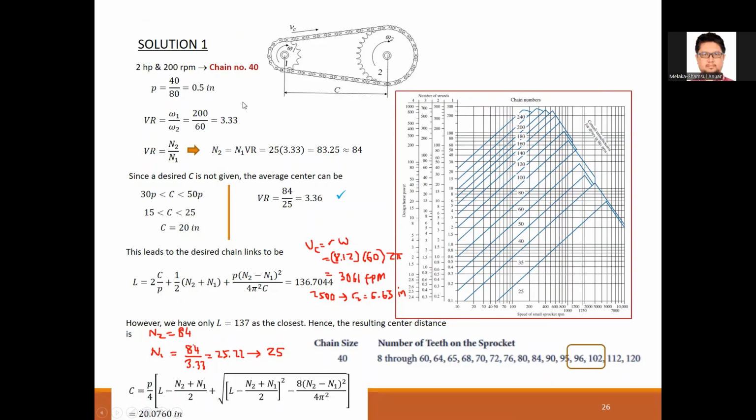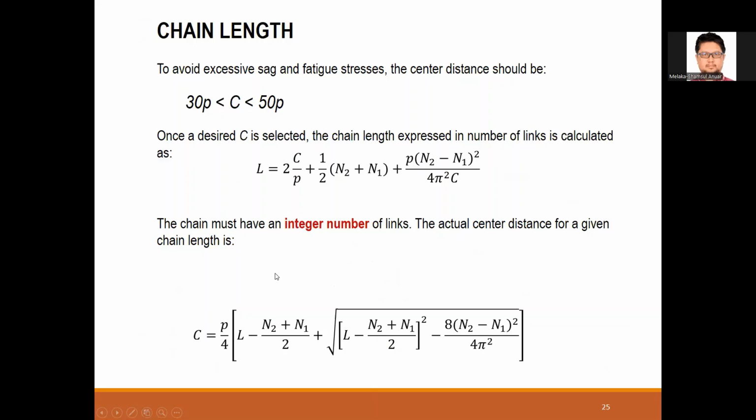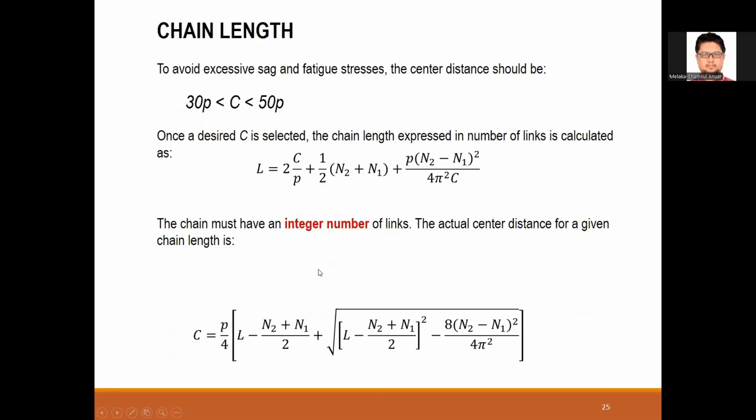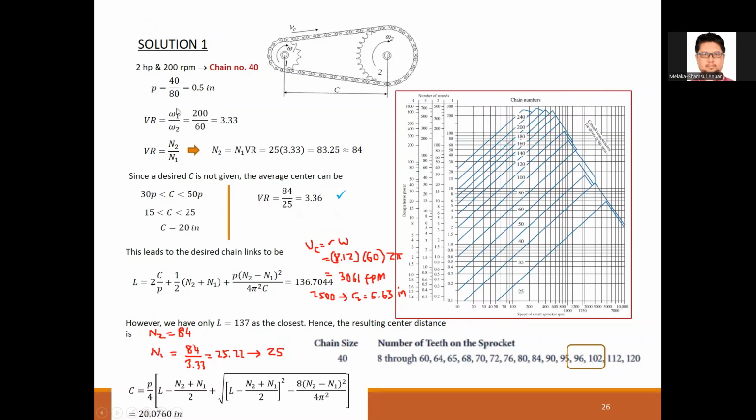So in this example, what is the question? I guess from example number one. You can calculate the pitch is 0.5, and you can get the velocity ratio, in this case 3.33.